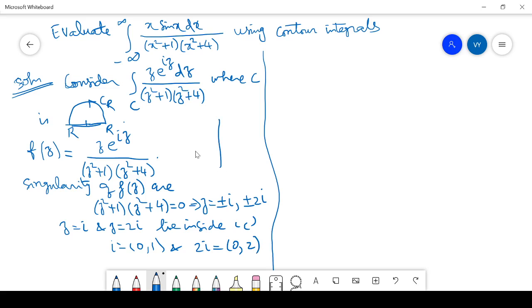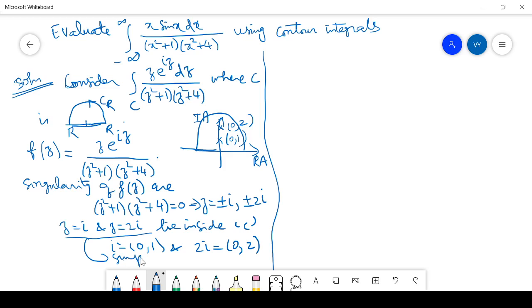When you take the x-axis as the real axis and the y-axis as the imaginary axis, (0, 1) will be here, (0, 2) will be here. So in this case they lie in the upper half of the plane. Now you choose the semicircle such that these 2 points lie inside C. And you can see that both are simple poles because they are of order 1.